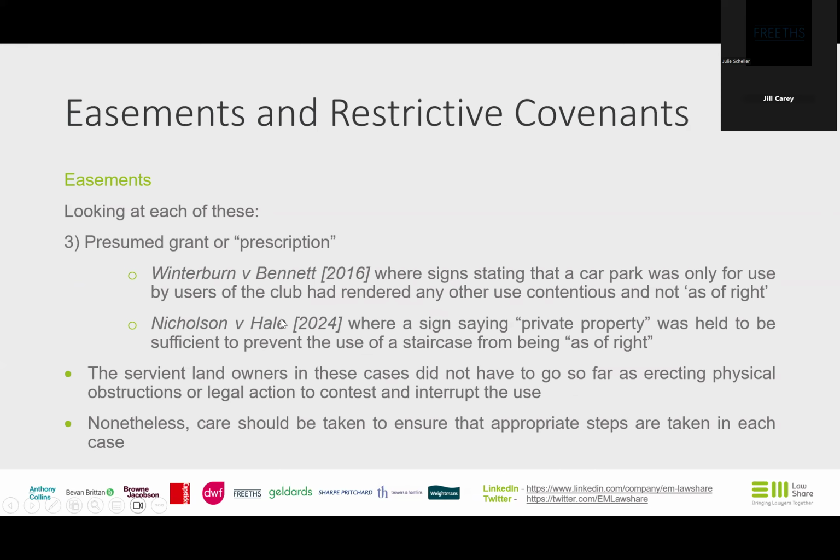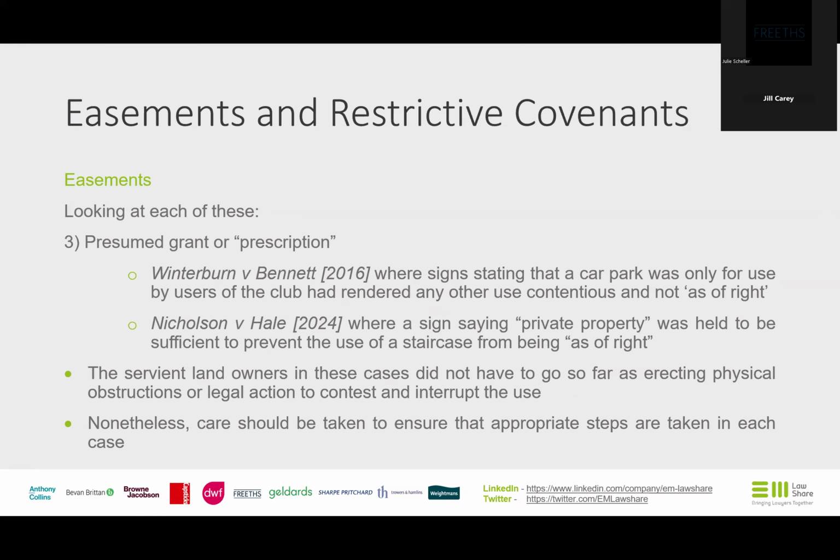In Winterburn and Bennett, there were signs in a car park that said it was only for use by members of the club. The problem there was that it was too contentious.